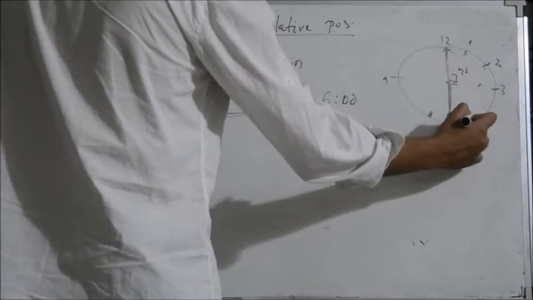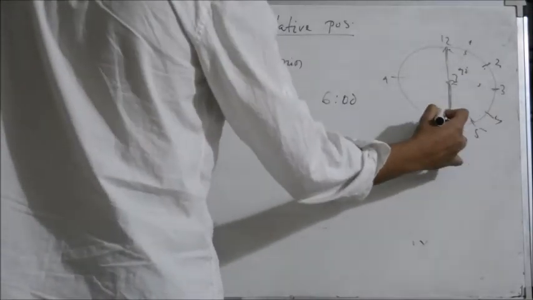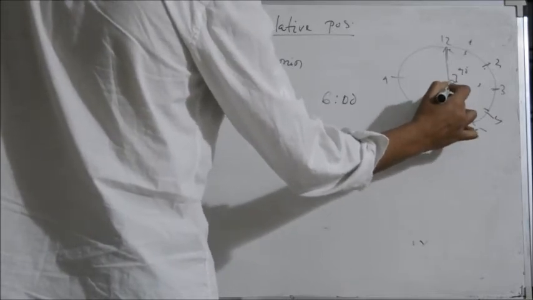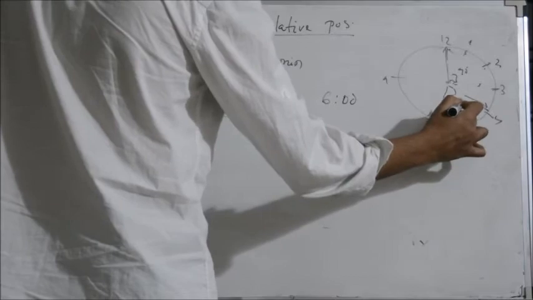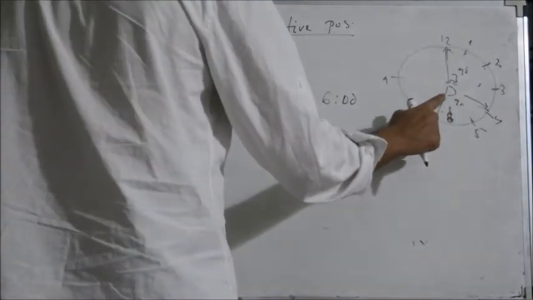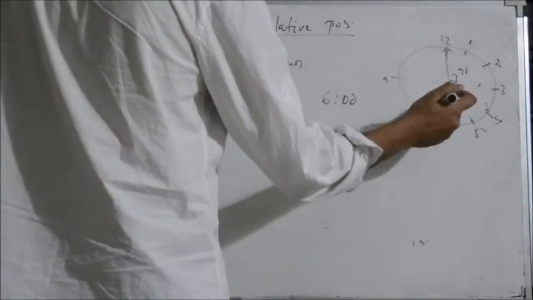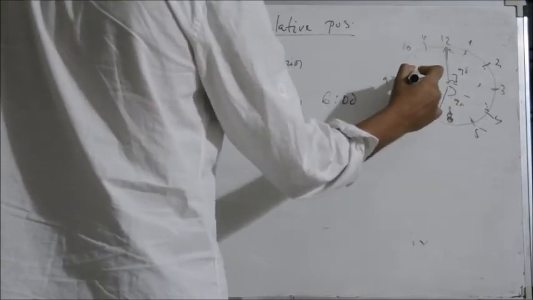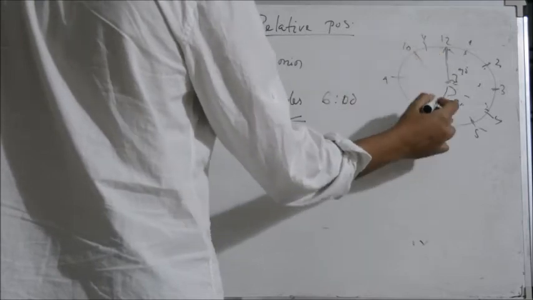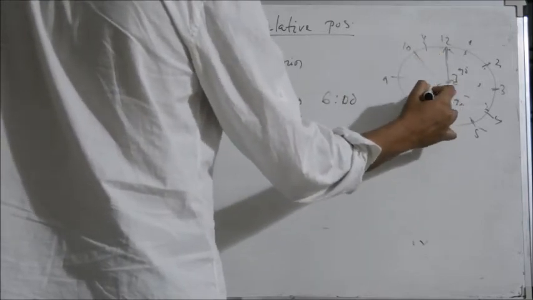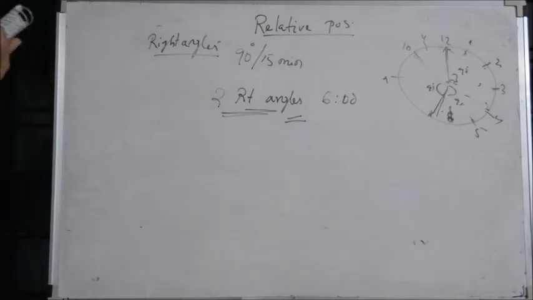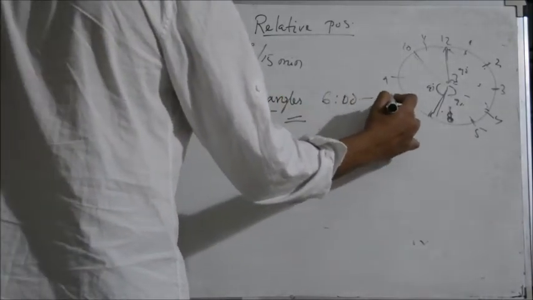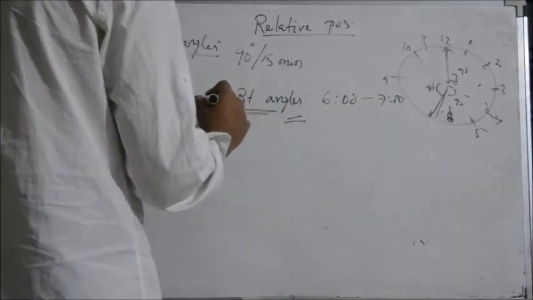At around 6:20 we get the first right angle, and the second right angle comes at around 6:50, where we get another 90 degree. So we get 2 right angles in 1 hour, from 6 to 7.